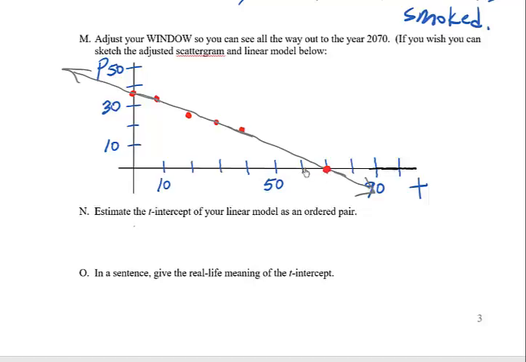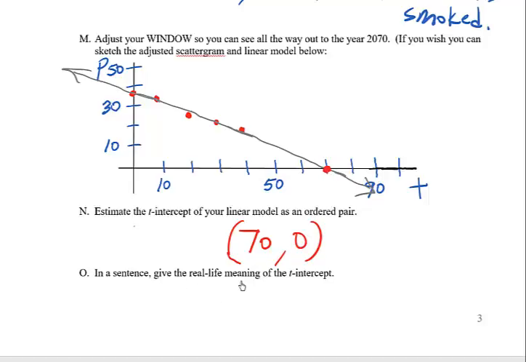Now mine happened to hit, it looks like right at 70. Of course, again, we're not drawing our picture perfectly, so it looks like we're saying that our t-intercept is taking place at the point (70, 0).